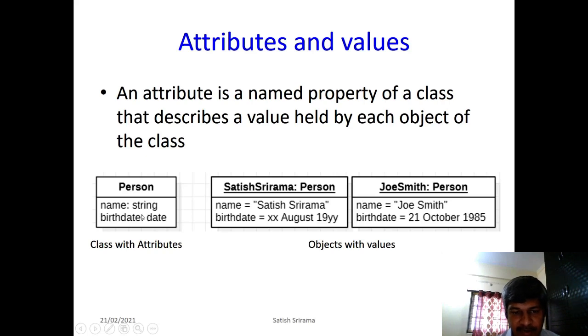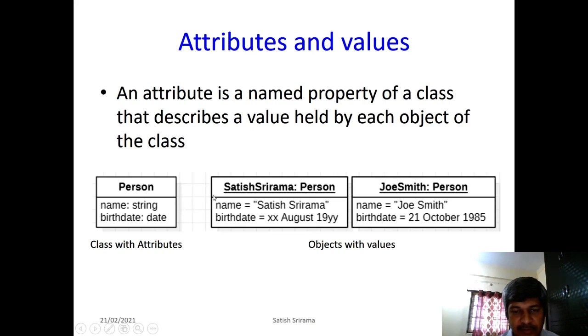So these are about the attributes of a class and relevant values for those particular objects. This is again the UML representation of a class, and the attributes are shown in the second compartment of this box. So the person is a box, and the second compartment holds the attributes.